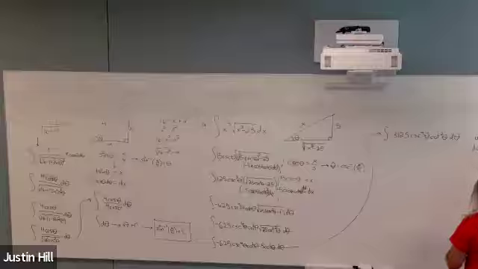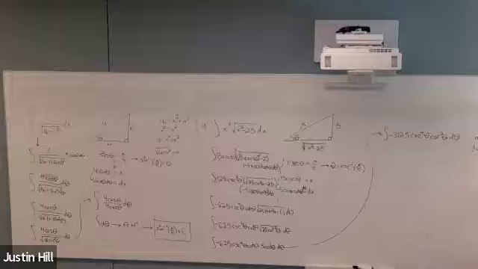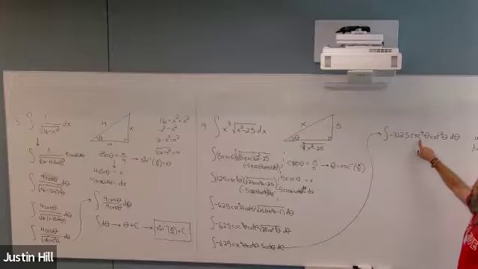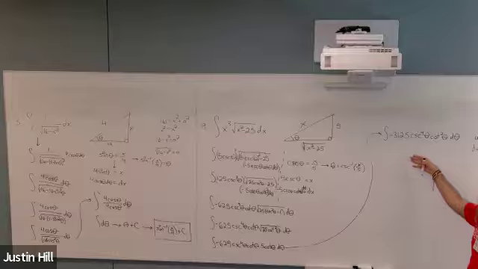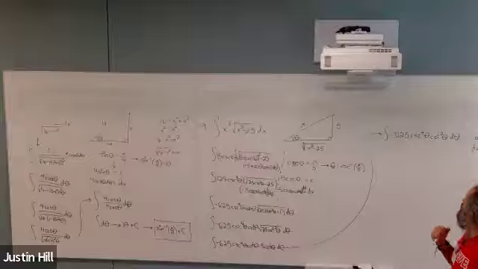Negative cosecant squared theta d theta. And notice that I can factor off this cosecant to the fourth. And so we'll do that, and you'll notice this will look a lot like several of the problems we looked at yesterday. And once you see that, you'll know the strategy forward.